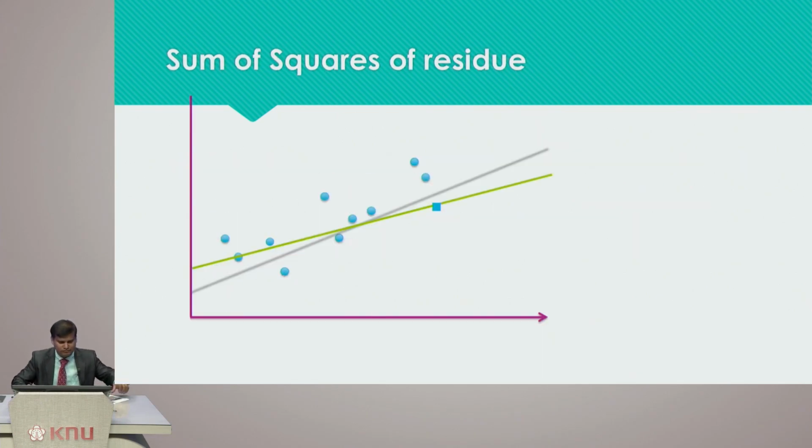Here only two lines are given just for our reference, and we can try to fill in the information here, x, y. Suppose I want to find the sum of errors, so we want to find the sum of residuals.